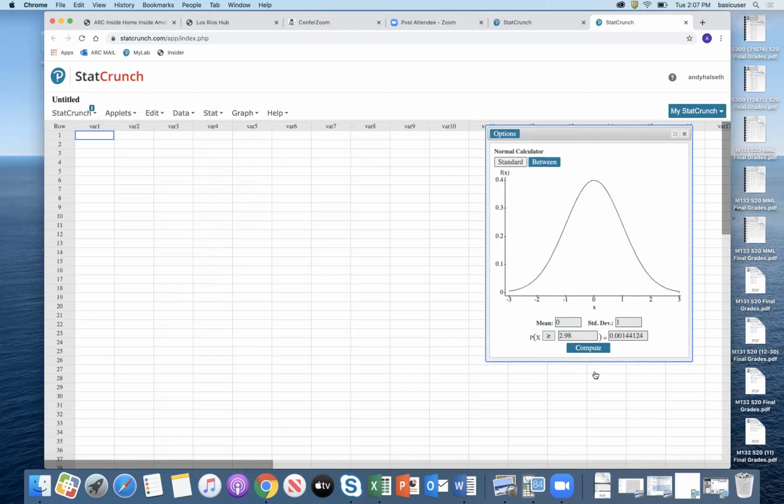Compute, all right? And I'm getting 0.0014. So my answer for this problem is 0.0014, or a very low chance of that occurring.